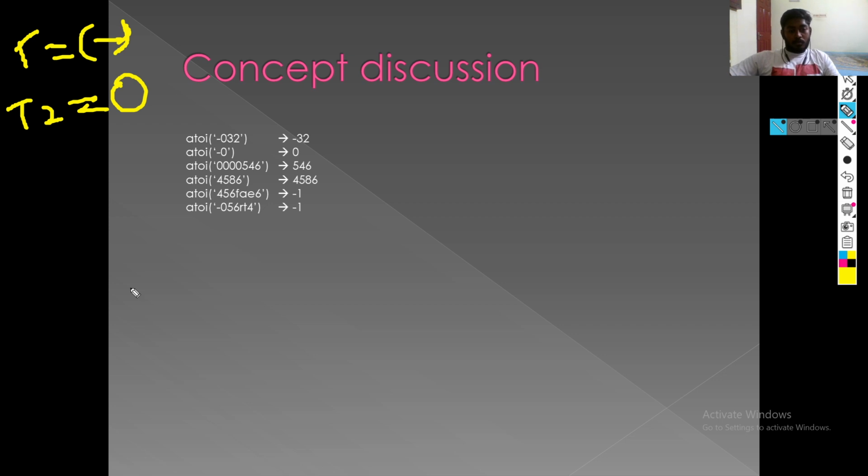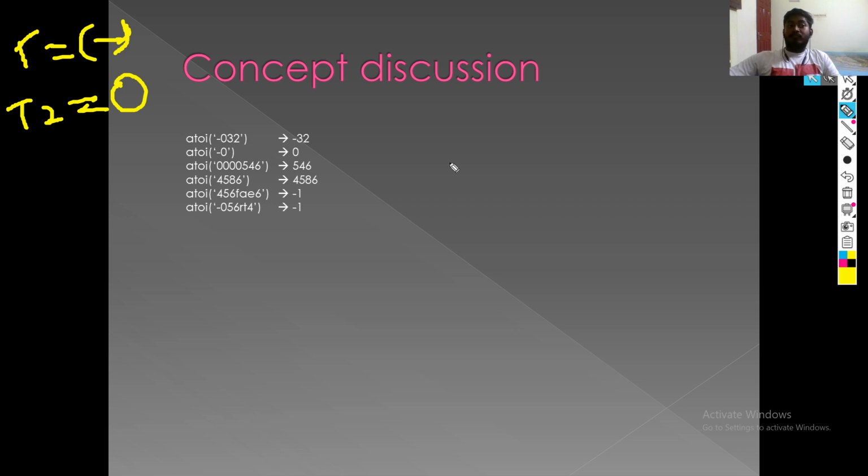If you don't know the ASCII values of 0, 1, 2, 3, that is not an issue, because we have functions to find the ASCII value. The question says we should not use any inbuilt function, yes, but the main thing we should not do is directly convert the string to an integer.